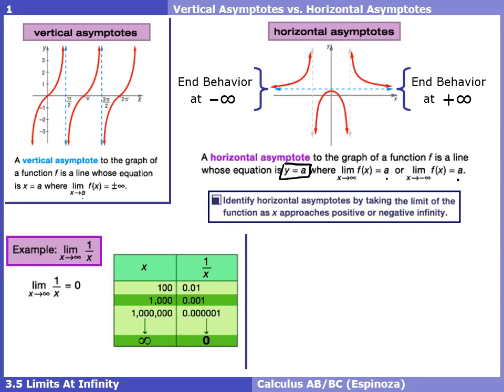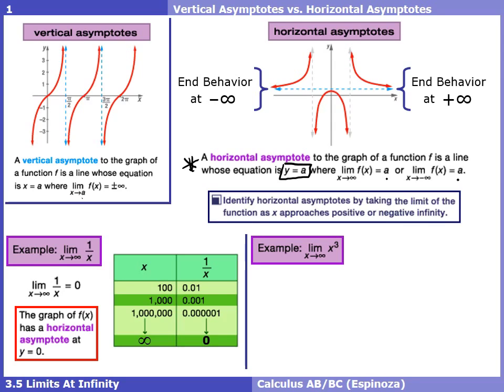And then how do we take that answer and interpret it in terms of a horizontal asymptote? Just keep in mind what we said above: horizontal asymptotes occur when we take the limit as x goes to infinity and we get a number for that answer. Here we got a number for our answer, so we know the graph of our function has a horizontal asymptote at y equals 0.